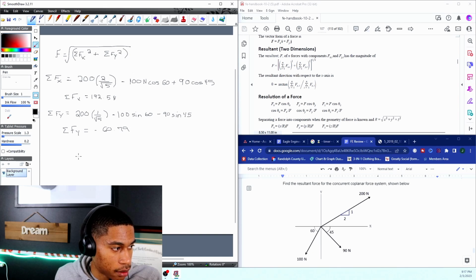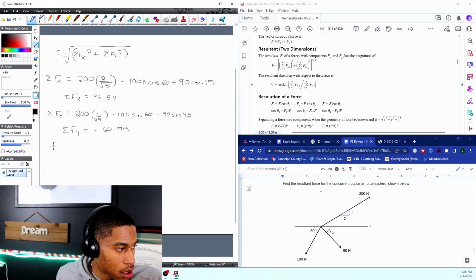Could have just said 0.8. All right. So now we want to get our actual resultant. Want to get our resultant force.